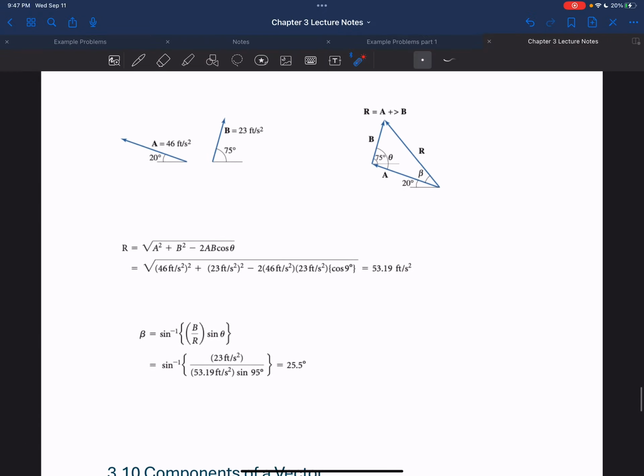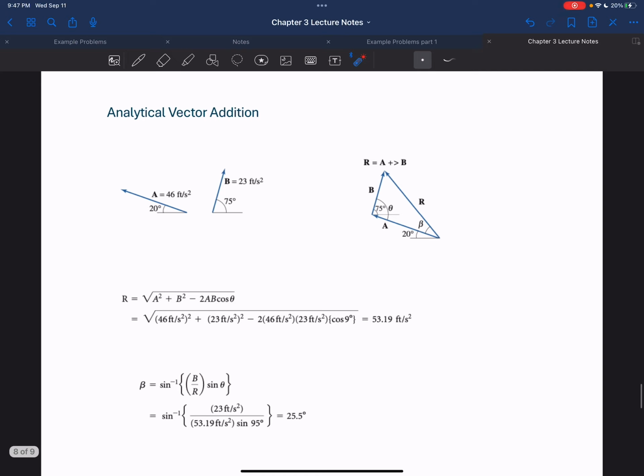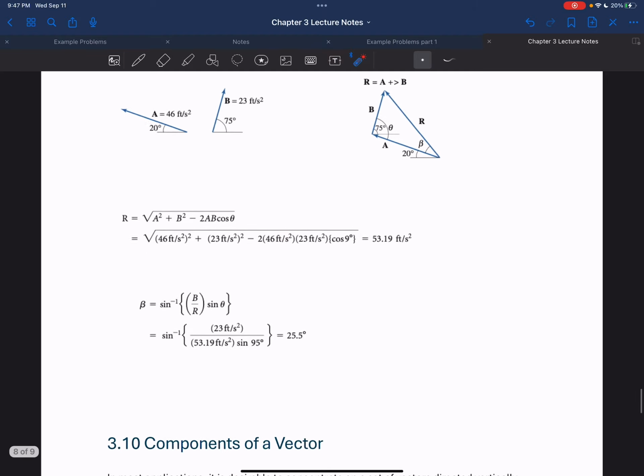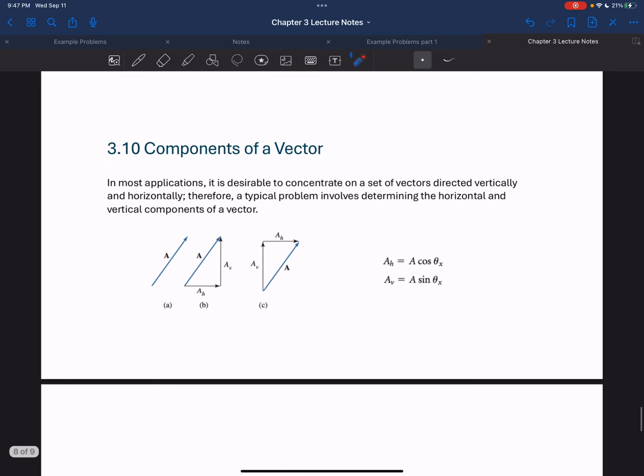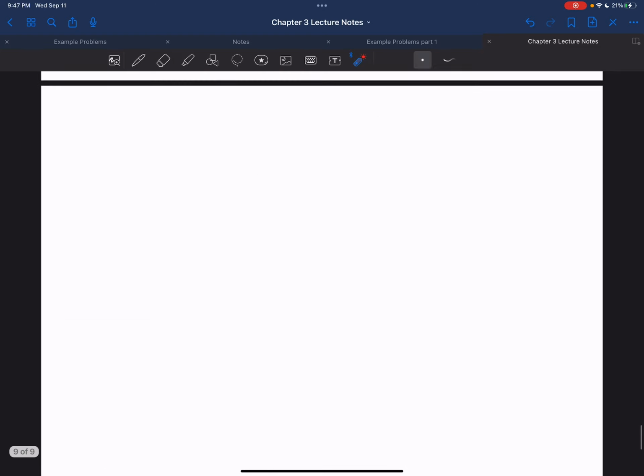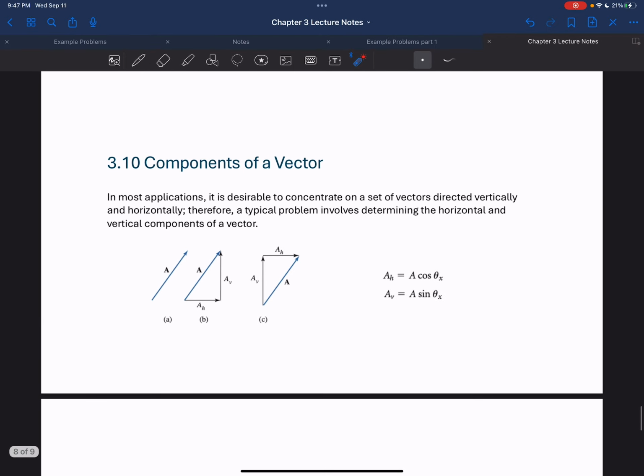And we can do it analytically as well. There's still a little bit of this drawing to get some angles for us. But if we can get this angle theta right, then we can solve for the resultant using our handy trig sheet, and we can get the final answer. Last thing we'll look at is components of a vector. Remember, we can break a vector down into two components, generally our x and y.